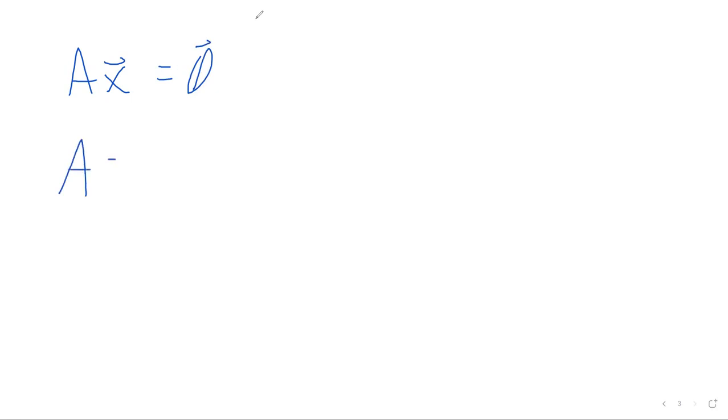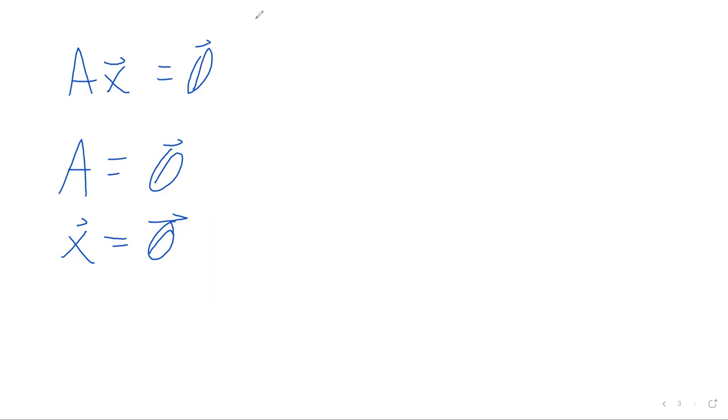So either our A is going to equal a 0 matrix, or X is going to equal a 0 vector. We could have either of those, or maybe even both. So something's going to be a 0 if our A is not invertible.